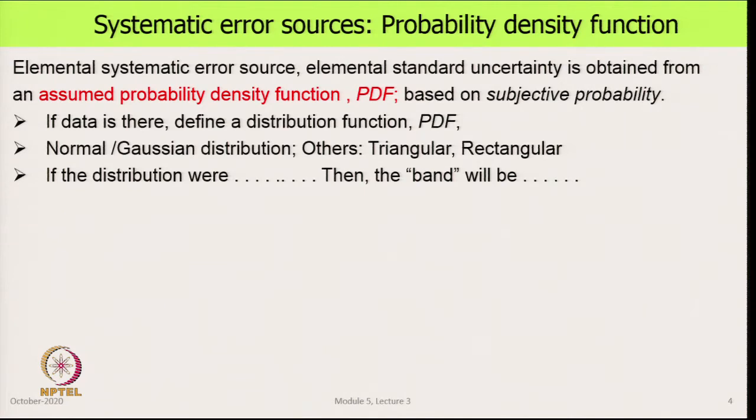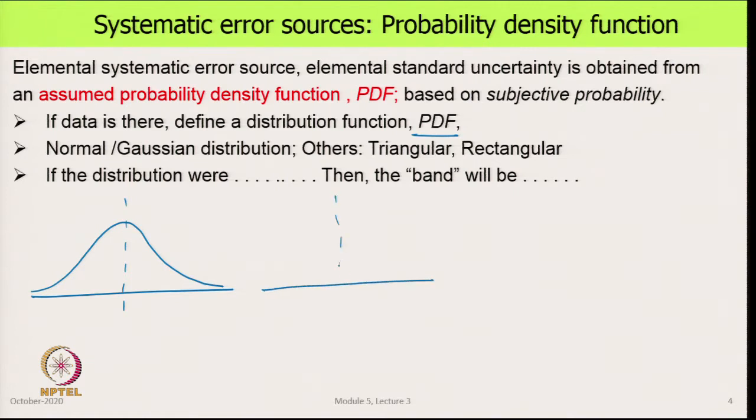To go back and clarify a little bit more about what we mean by this probability density function, if data were there, we could have made a PDF, probability density function, and this could take many forms. So, we could have, say, what we have done so far in many cases, a Gaussian or a normal distribution.